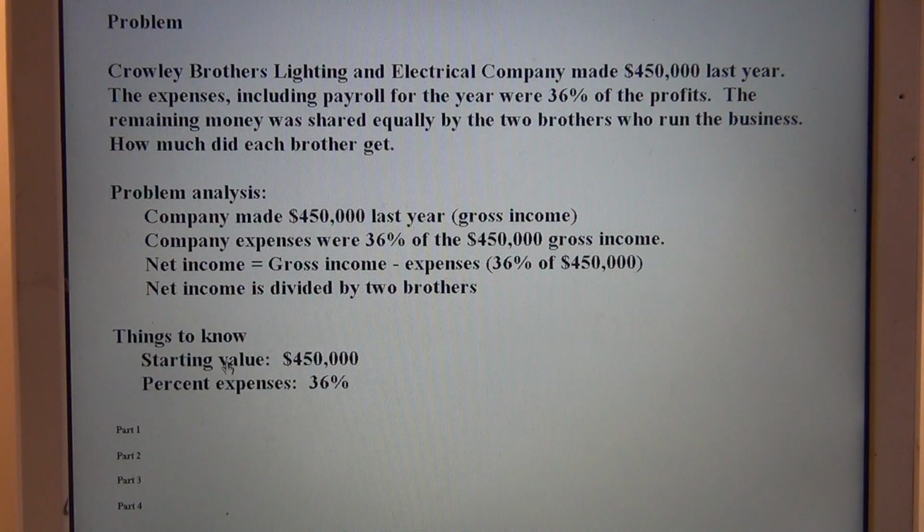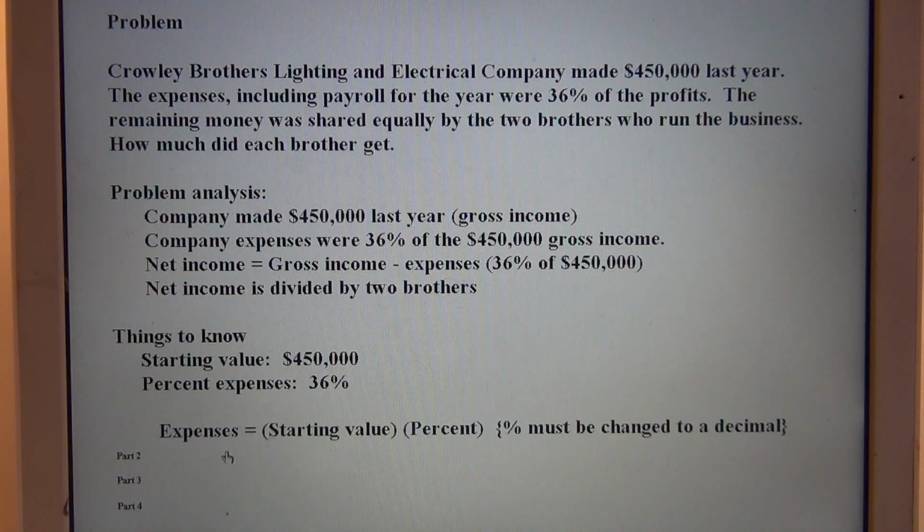Let's see what that looks like. Okay, so our starting value is $450,000, and we know the percent expenses is 36%. So let's see how we work it. Expenses equals the starting value times the percent, and the percent must be changed to a decimal.